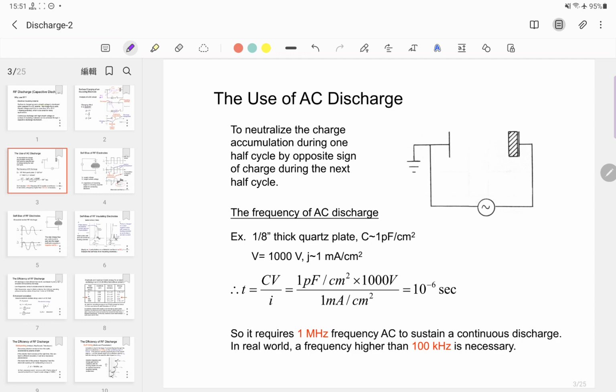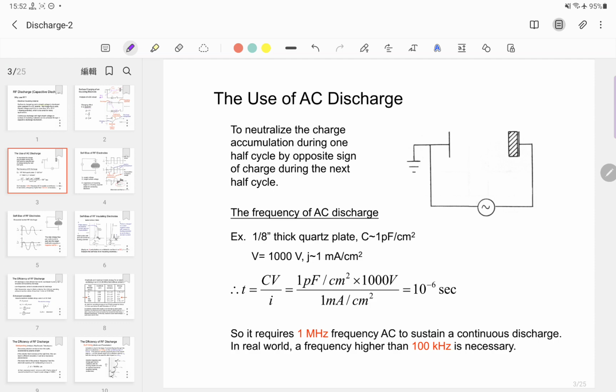So based on these conditions, we can calculate the time to charge up the surface of the quartz plate to reach a charge-up voltage of 1000 volts, which equals 10 to the minus 6 second, 1 microsecond.